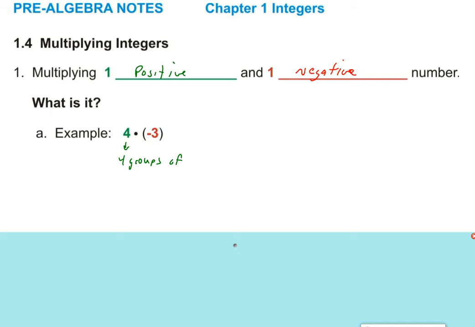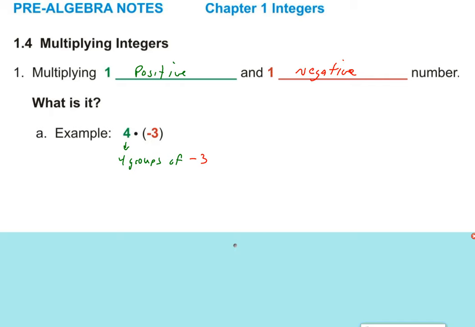So we have 4 groups of negative 3. Isn't that what multiplication is? If you have 4 times 3, you have 4 groups of 3. What do you get when you have 4 groups of 3? We all know the answer is 12. Well, in this case, we have 4 groups of negative 3.